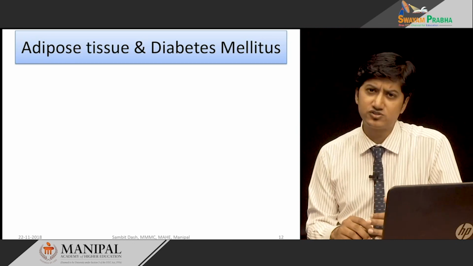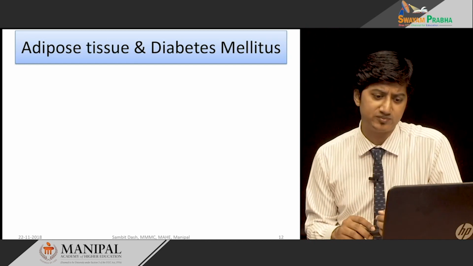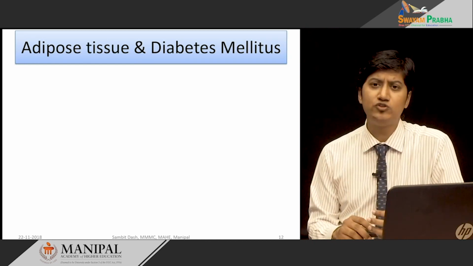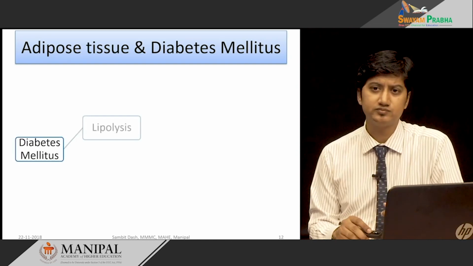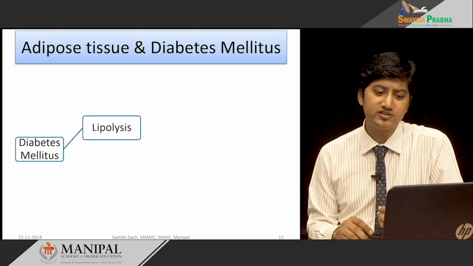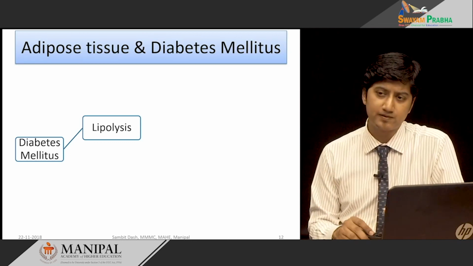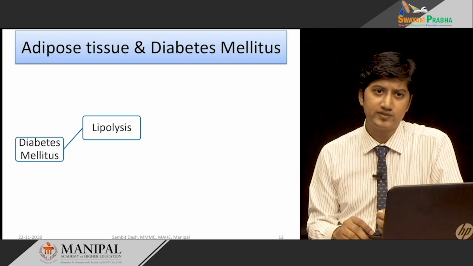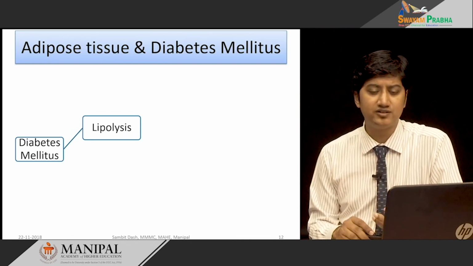The high levels of insulin and insulin resistance, which are associated with type 2 diabetes mellitus, have two effects on fat metabolism in adipose tissue. Increased lipolysis occurs in diabetes mellitus. The fat is broken down, resulting in high levels of free fatty acid in blood.